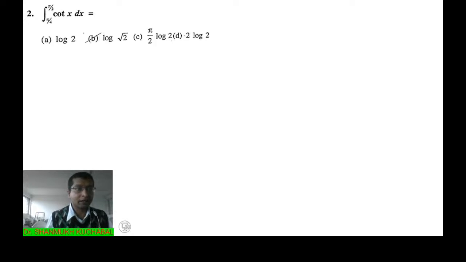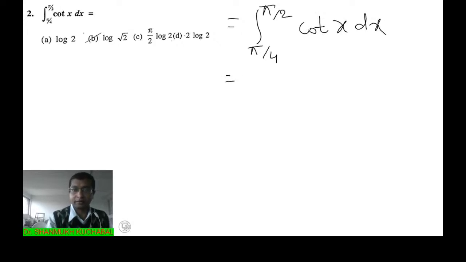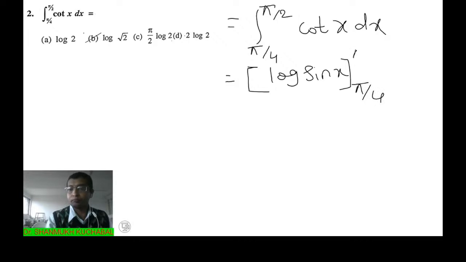It is the integral from pi by 4 to pi by 2 of cot x dx. So we integrate this function. The integration of cot x is log of sin x, with limits from pi by 4 to pi by 2.